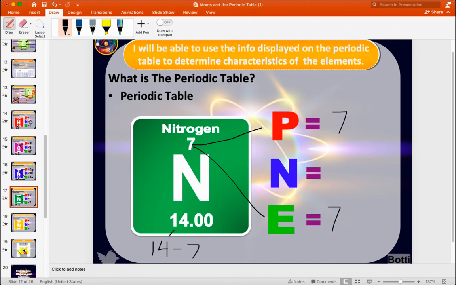So this comes from here, this comes from here, and that's going to give us 7. So this happens to be another example where we have the same number of each subatomic particle, 7 protons, 7 neutrons, and 7 electrons.